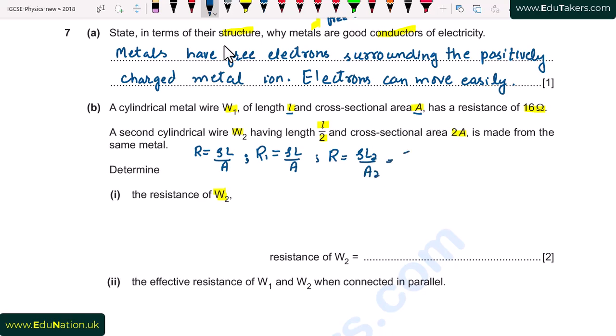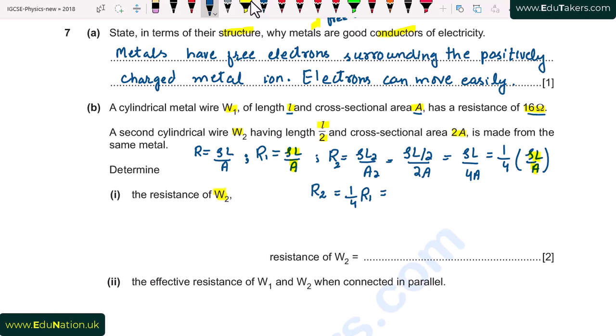Here length is half, so I write rho L over 2 and area is double, it is 2A. So it comes to be rho L over 4A. Now we can see it is 1 over 4 times rho L over A, and the term in brackets is just R1. So I replace it with R1. R2 will be equal to 1 over 4 R1.